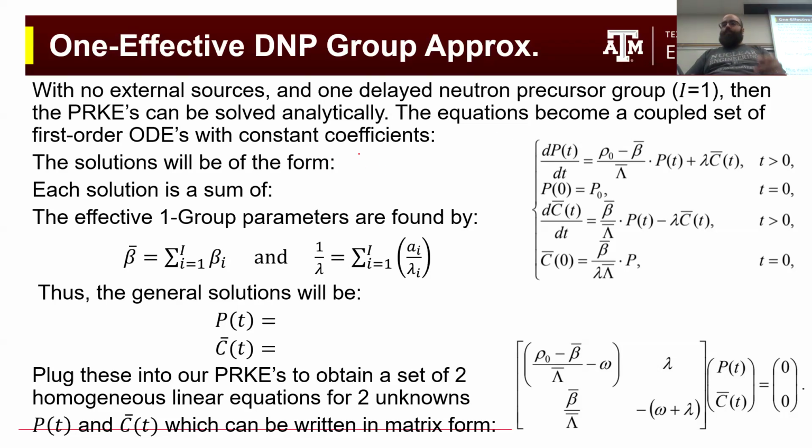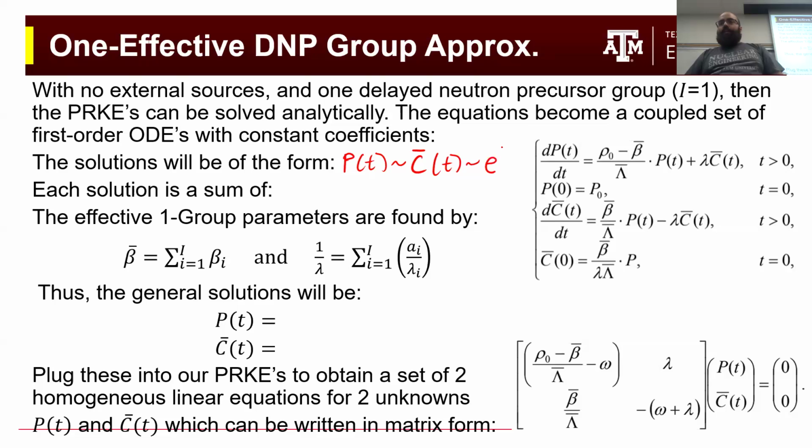All of our solutions for both the power and my precursor concentrations, which in this case I'm just going to use an overbar for the concentration, because I don't need an I now because I'm effectively just lumping all of my precursors into one single group. So the C bar is like the effective concentration of all of my delayed neutron precursors.